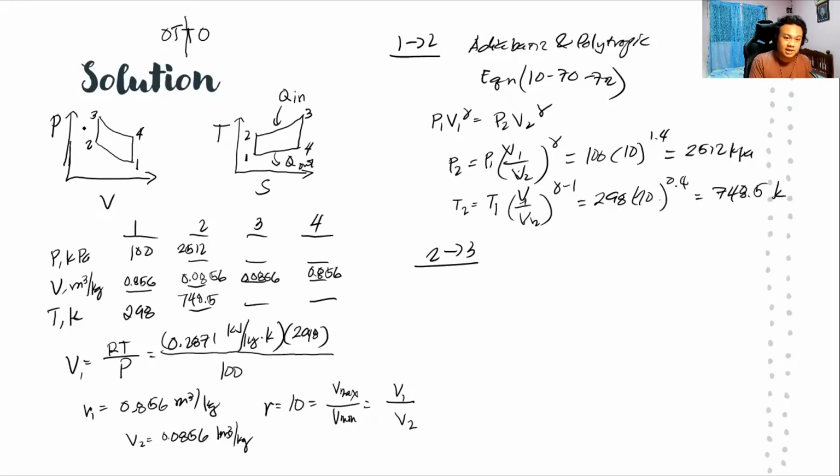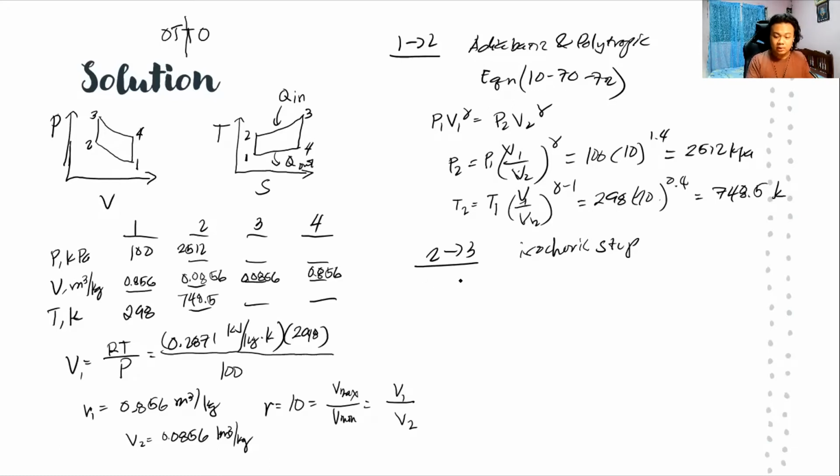Isochoric step because the volume does not change. Also 4 to 1 is an isochoric step, and step 3 to 4 is also adiabatic and polytropic. Okay. So how do we get the temperature here and the pressure?